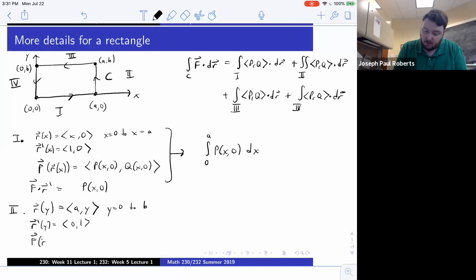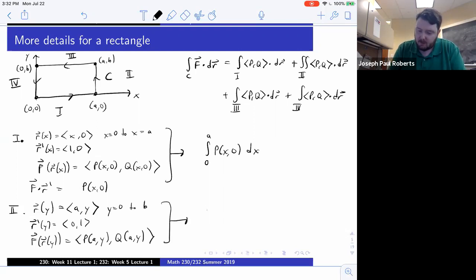F of r of y ends up being P of a comma y, Q of a comma y, because I'm just changing x to a and y is still y. And then if I do the dot product of F with r prime, I get the integral from 0 to b of Q of a y dy.